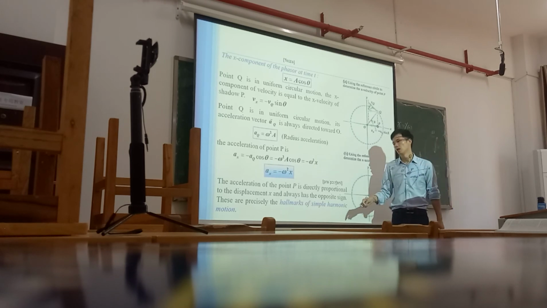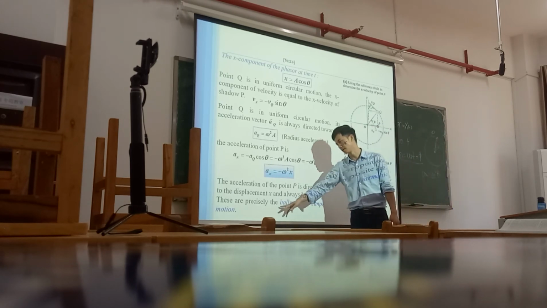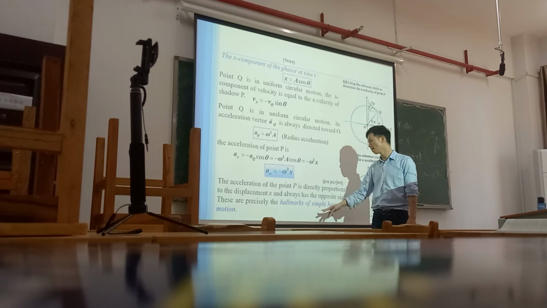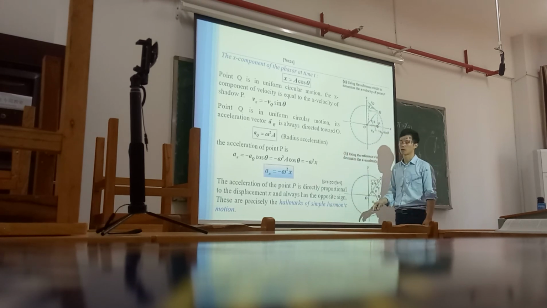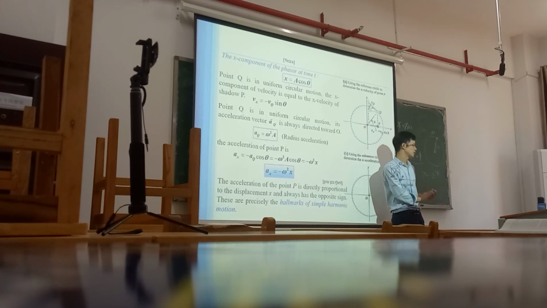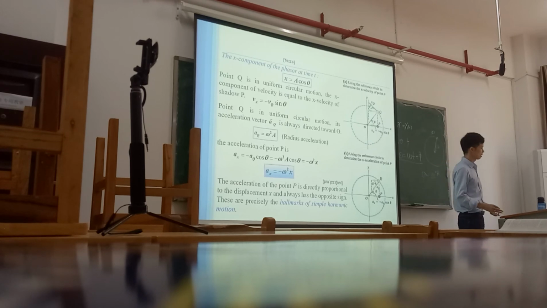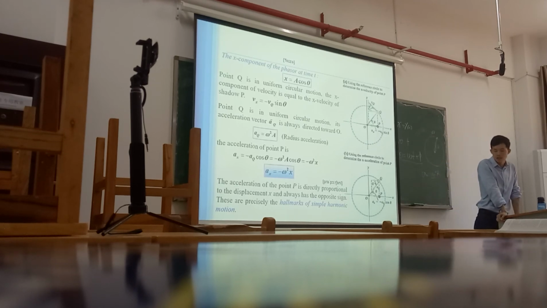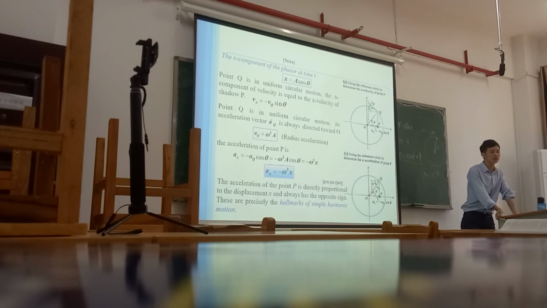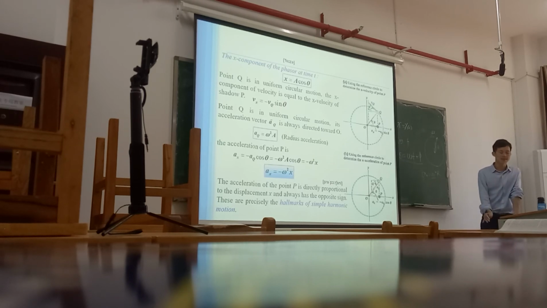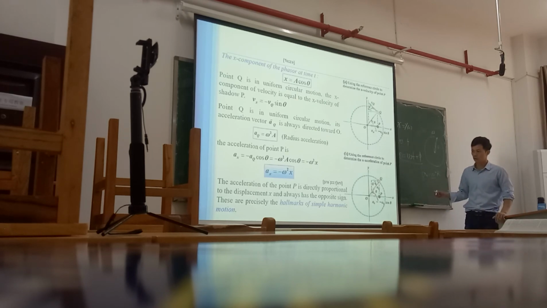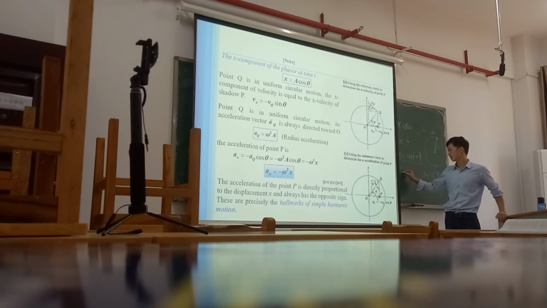And those are precisely the hallmarks of simple harmonic motion. So if we want to judge whether an oscillation is simple harmonic motion, first we can find the form of the restoring force. Firstly, we can begin from the restoring force: F_x is equal to minus kx.